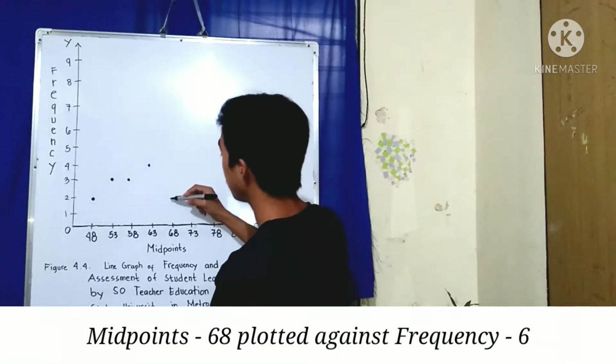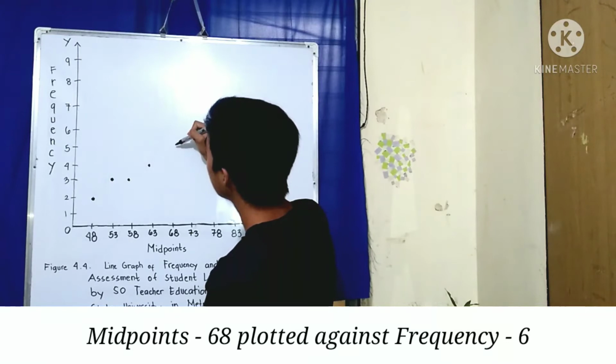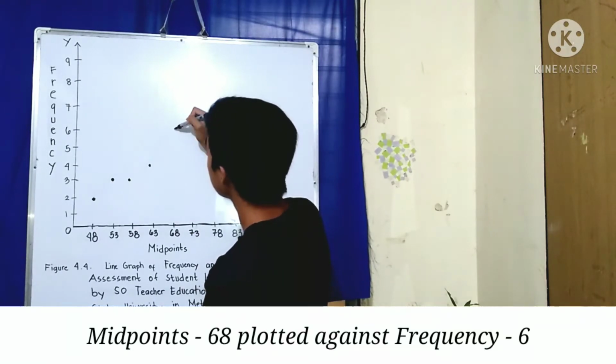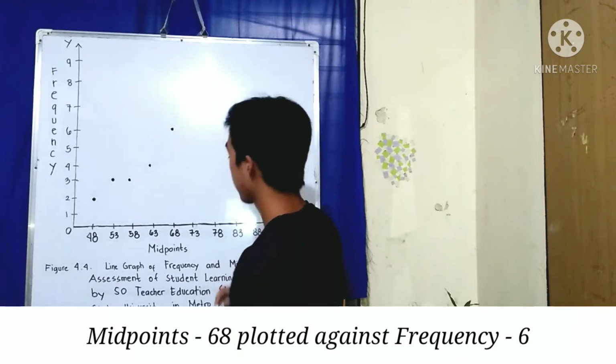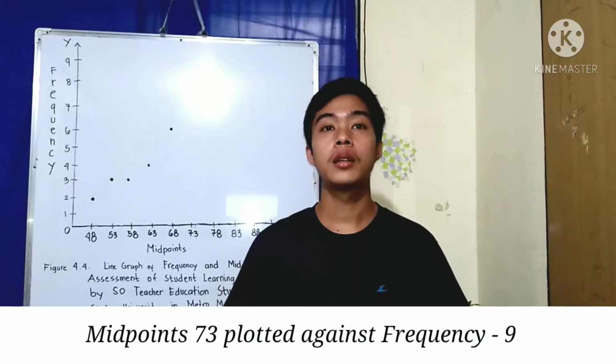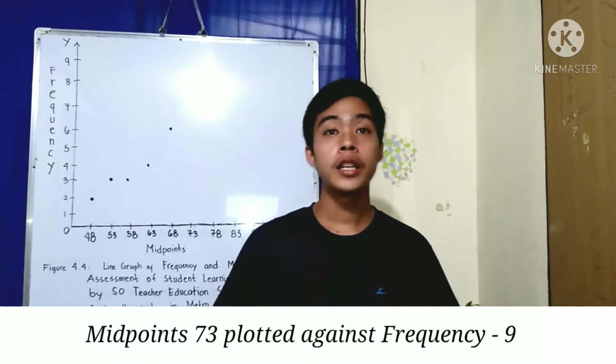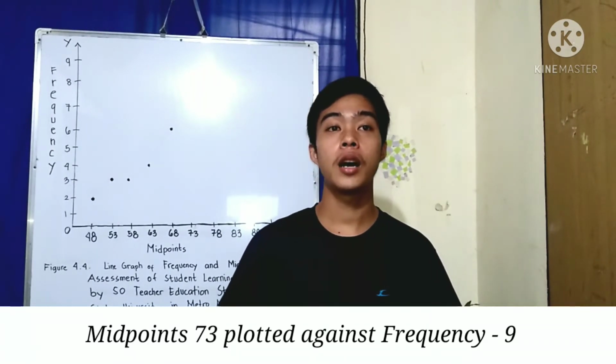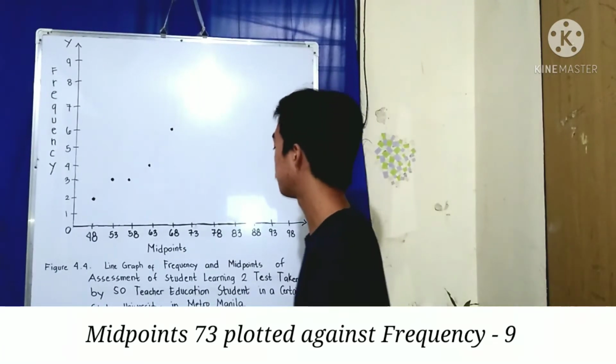So 68, then we will just put the number 6 in our frequency. Next, in the midpoint of 73, there are 9 education students who got the average scores of 71 to 75.